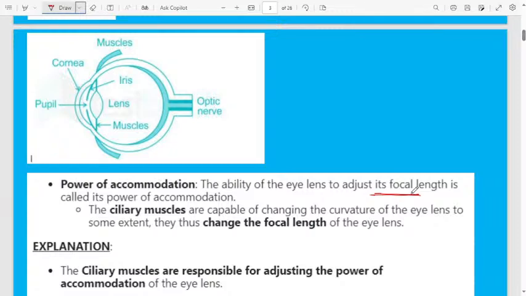That is the definition of power of accommodation.